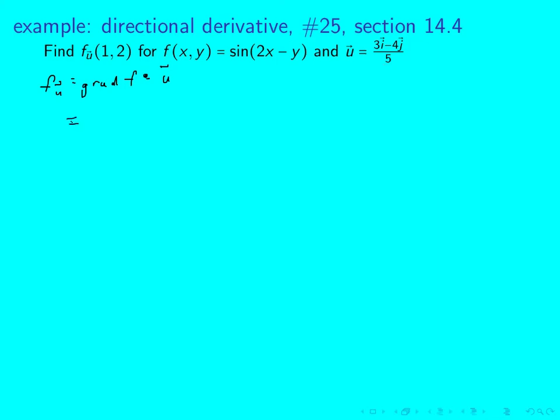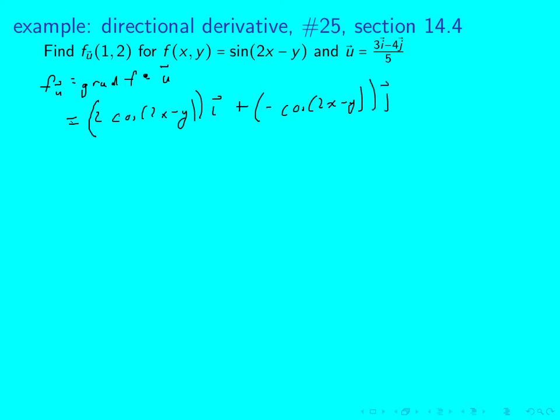So the gradient of f: I need to take the partial with respect to x of f, so that's cosine of 2x minus y, times the derivative of the inside with respect to x, which is 2, times the vector i, plus the derivative with respect to y, so that's cosine of 2x minus y, times the derivative of the inside, which is minus 1, j.